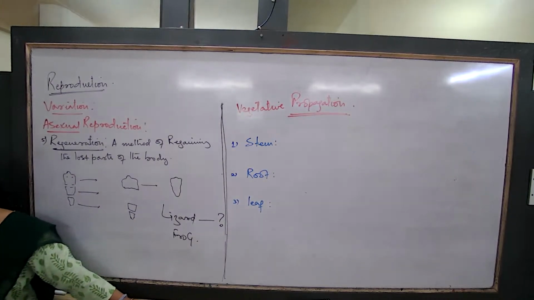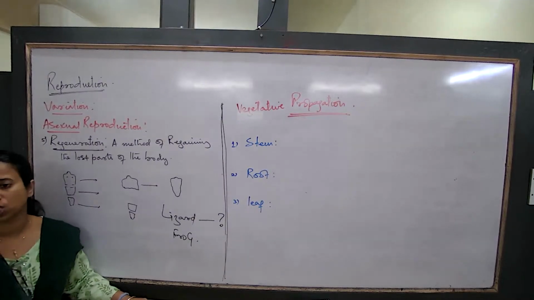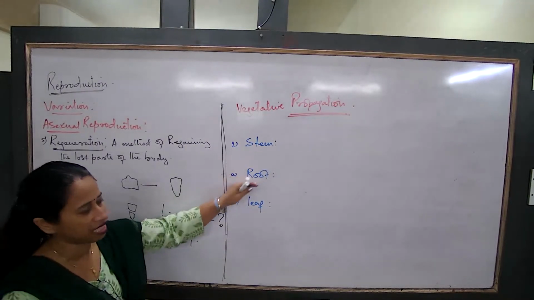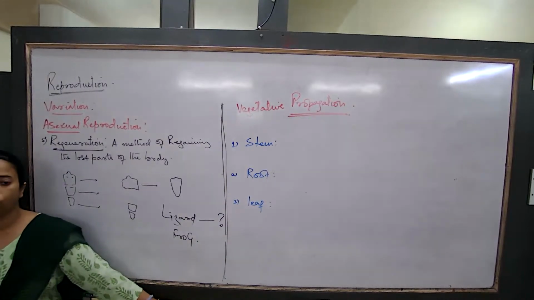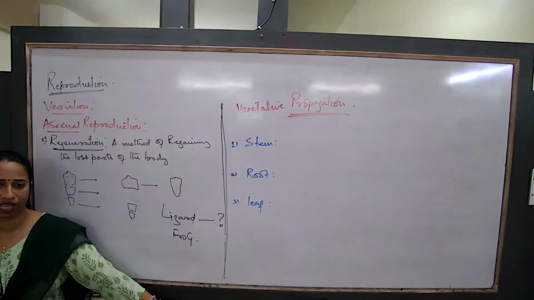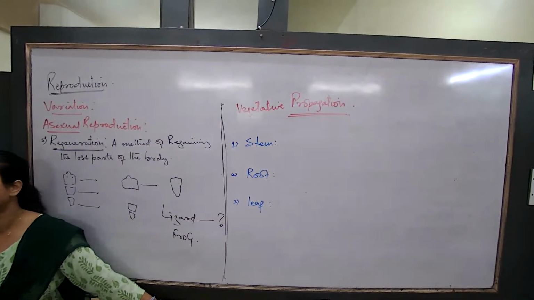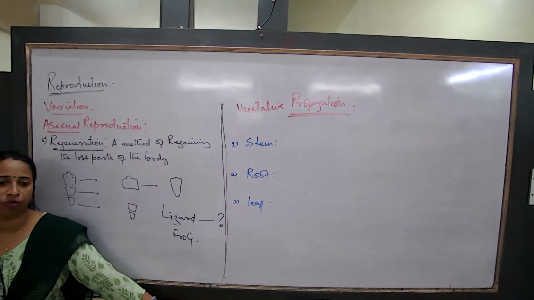And what is the definition? The process by which non-reproductive parts of a plant like this can give rise to a new plant. Write down. What is the method, the definition, and the differences you should know. What is meant by vegetative propagation?